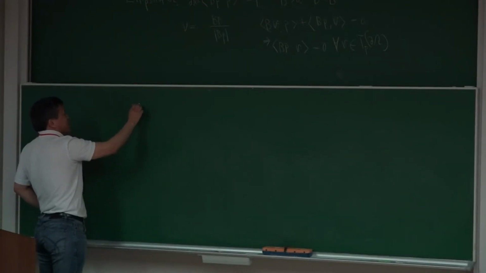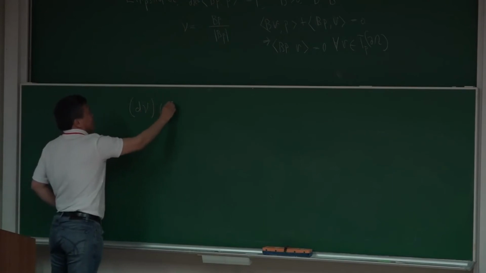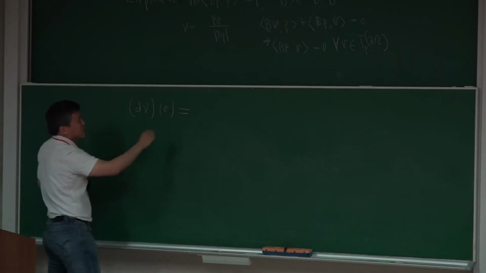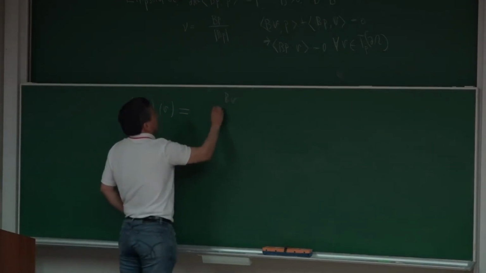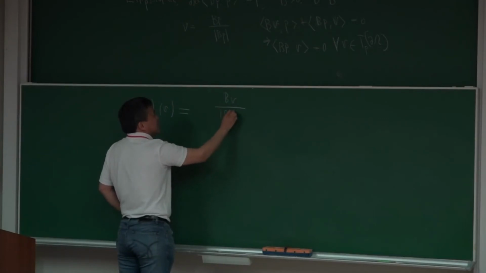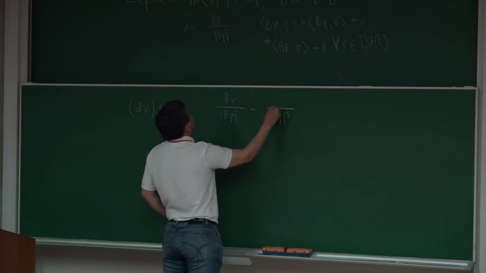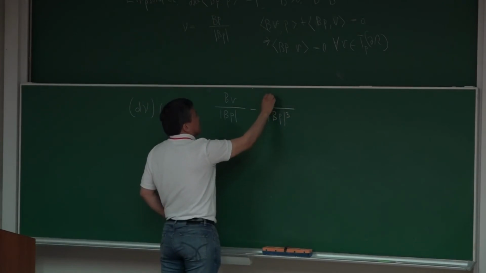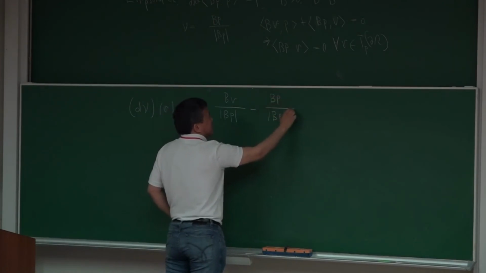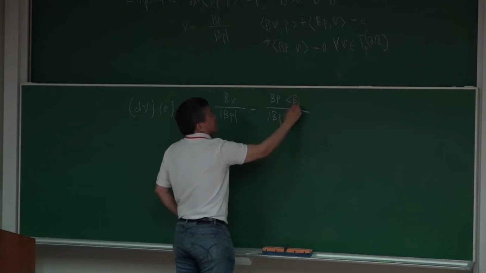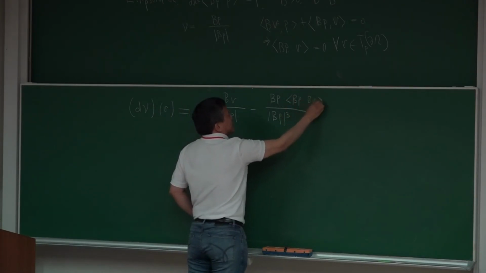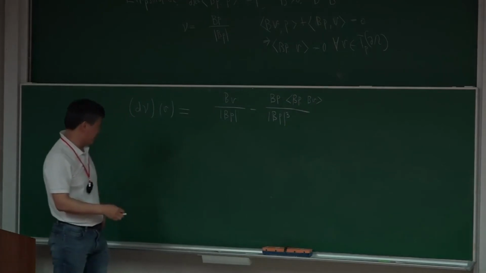The second fundamental form is just dν acting on any V. So it equals BV over |BP| minus (BP·BV) BP over |BP| cubed.